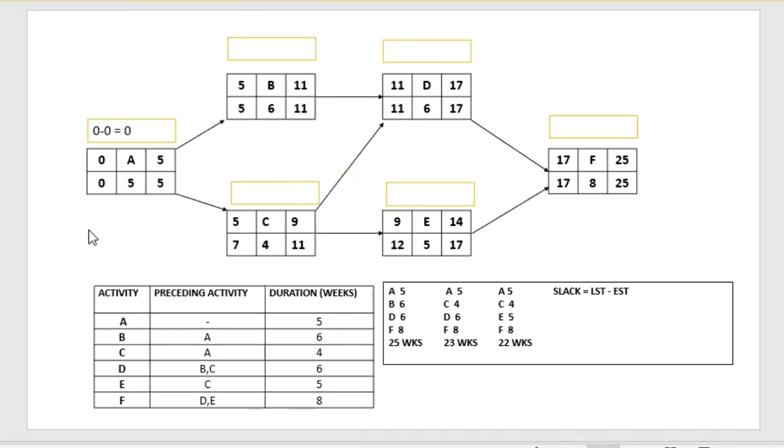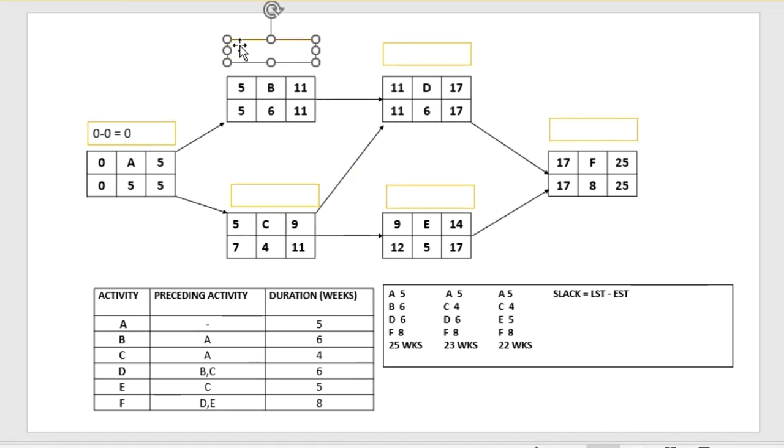So let's see if we can calculate now the slack time for B. So remember, we're taking the earliest start time from the latest finish time, right? So you see, they have the same number, right? So still 5 minus 5 equals 0.